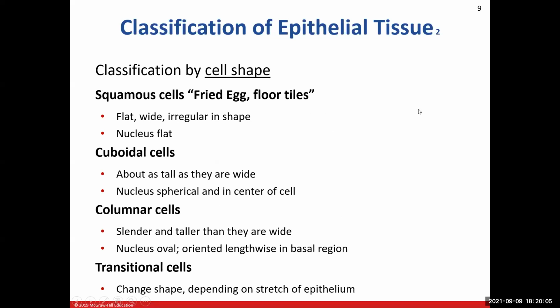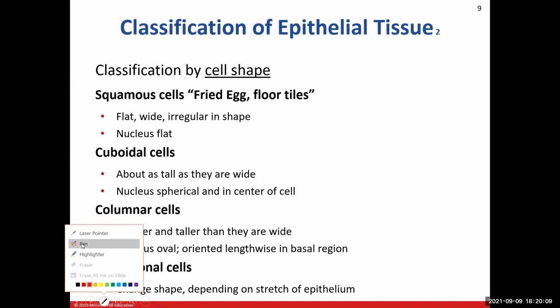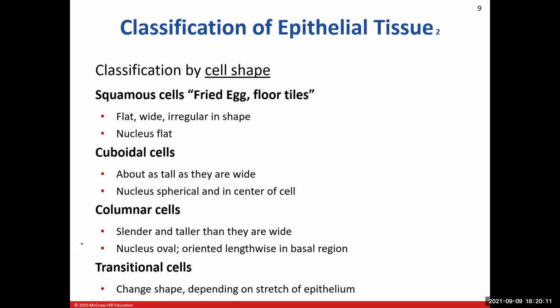All right, so now when we're talking about the other component to naming or classifying our epithelial tissue, we've got to talk about the shapes. Okay, so we have our squamous cell, that's the flattened cell with the flattened nucleus, looks like a fried egg or a tile. Then we've got our cuboidal cells, that's the cell that is as tall as it is wide, and the nucleus is right in the center, and it has a spherical shape.